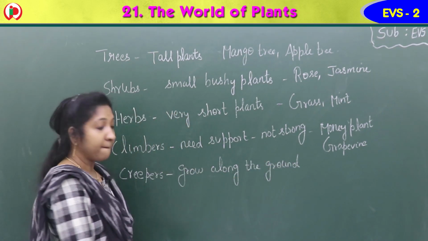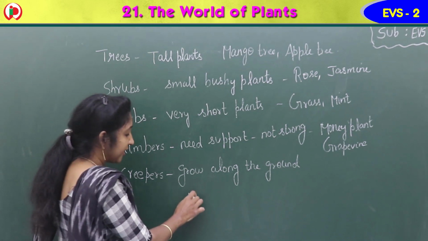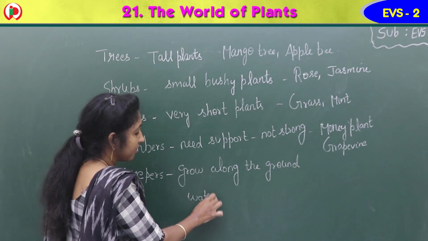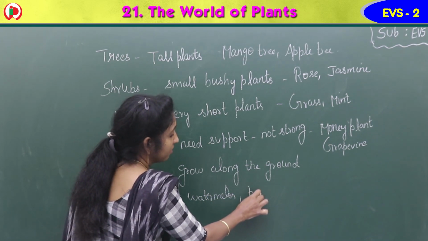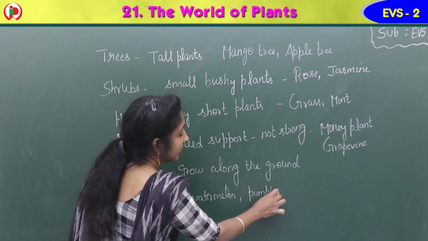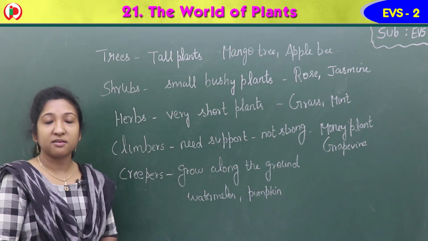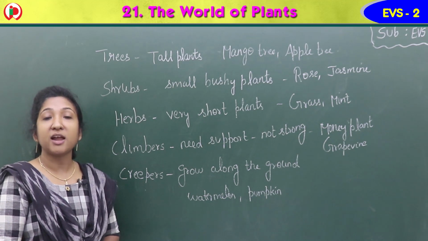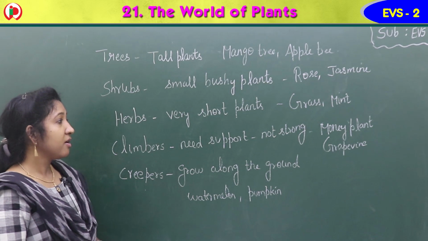Example. Yes, they usually have big fruits. So, watermelon, pumpkin. These are the examples of creepers. They creep along the ground or they grow along the ground. They are creepers. Okay, children?